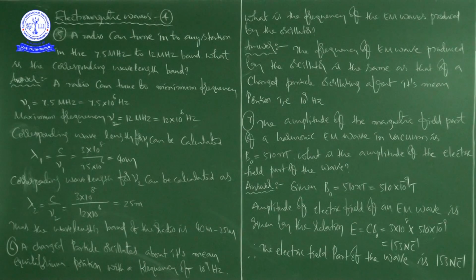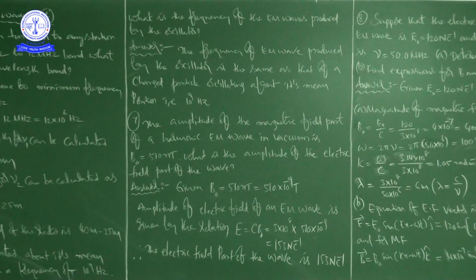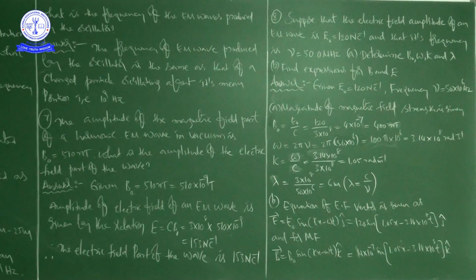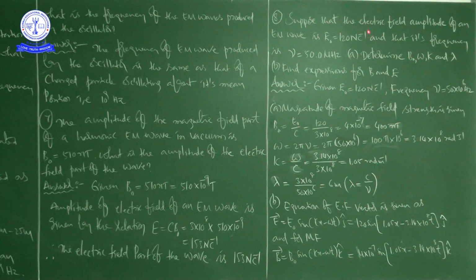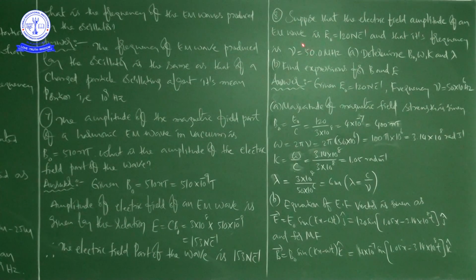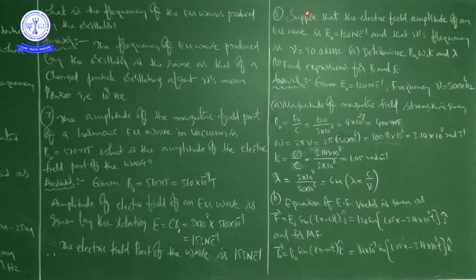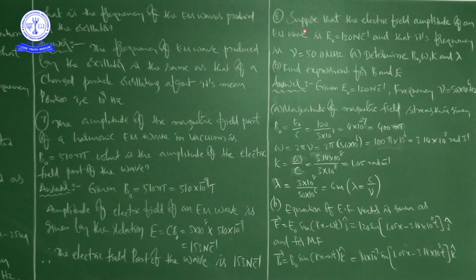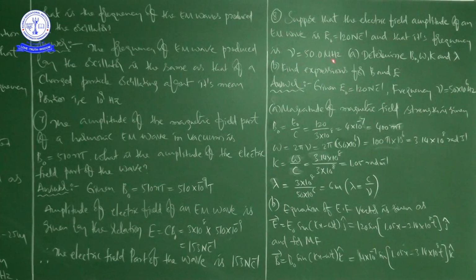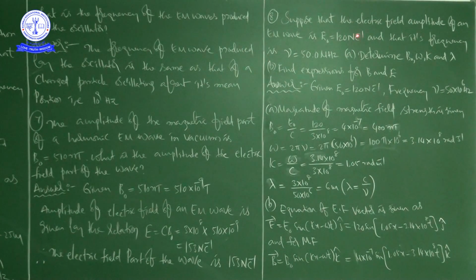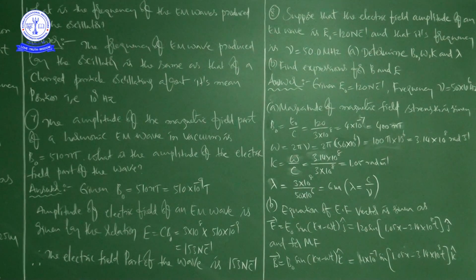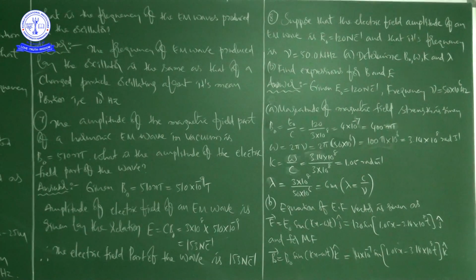Next, continuation problem, that is problem number 8. See here. Suppose that the electric field amplitude of an electromagnetic wave is E naught is equal to 120 Newton per Coulomb, and that its frequency is nu is equal to 50 megahertz.